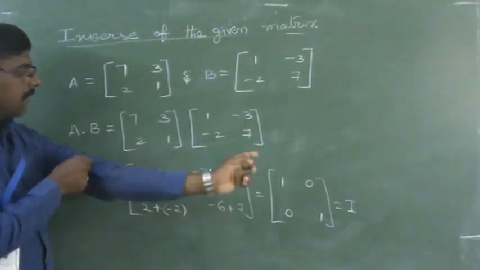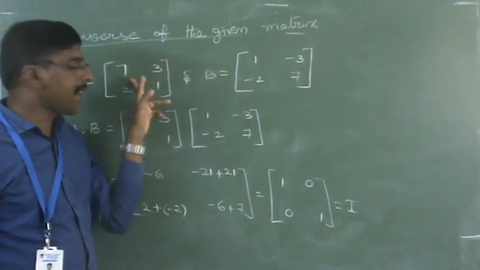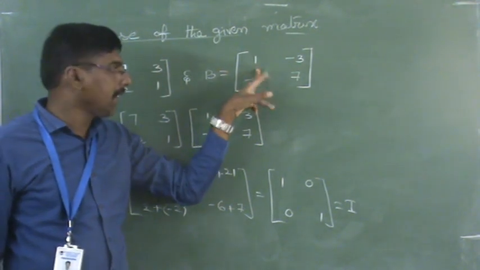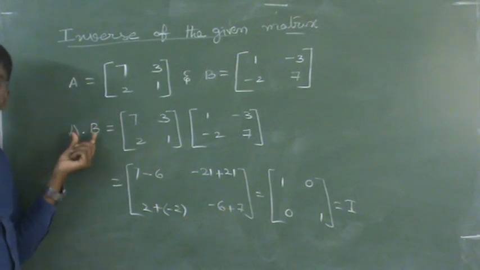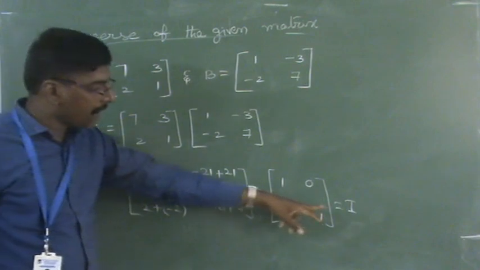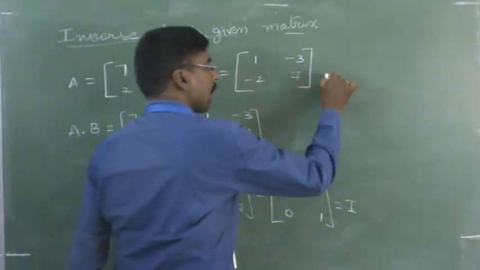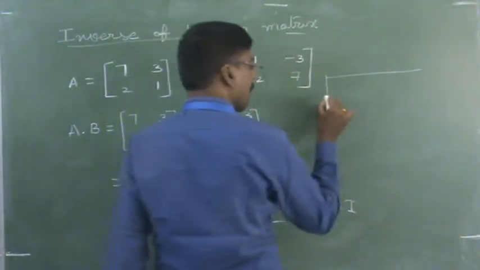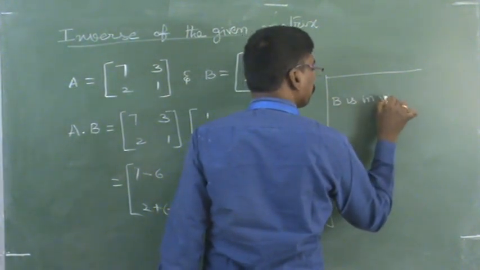See here, this is matrix A and this is matrix B. Whenever we do the product of A into B, we get the unit matrix I as the answer. Immediately we know that B is the inverse of A.